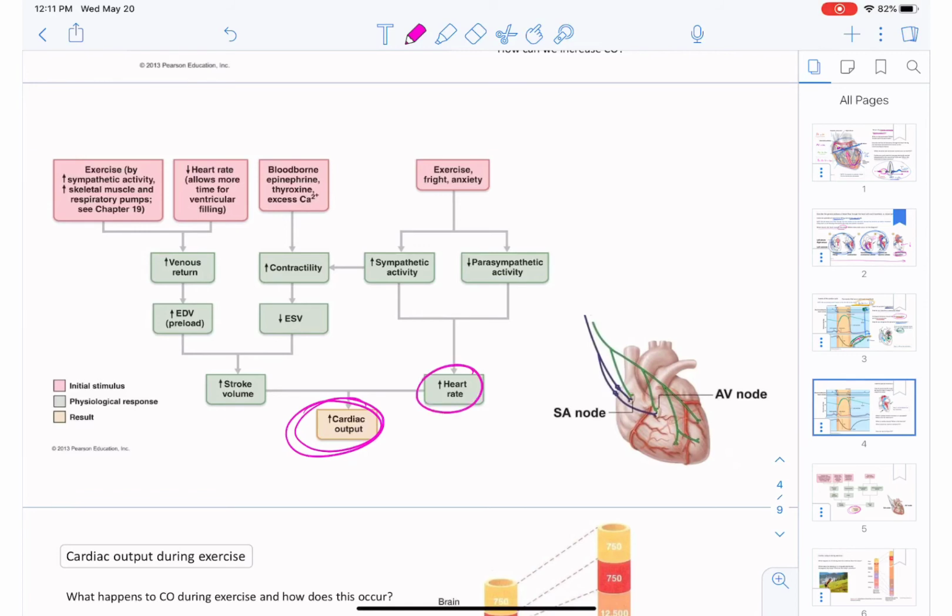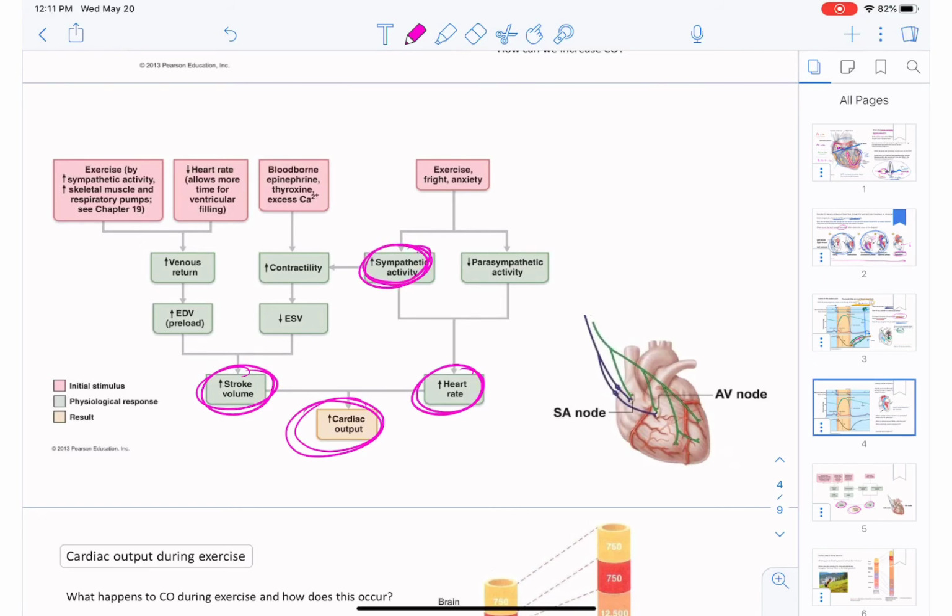We're either going to increase heart rate or increase stroke volume. Well, if we want to increase heart rate, how are we going to do that? The intrinsic conduction system sets the basic sinus rhythm, but the intrinsic conduction system cannot increase heart rate. So we have to have some external stimulus to do that. What's the external stimulus going to be?